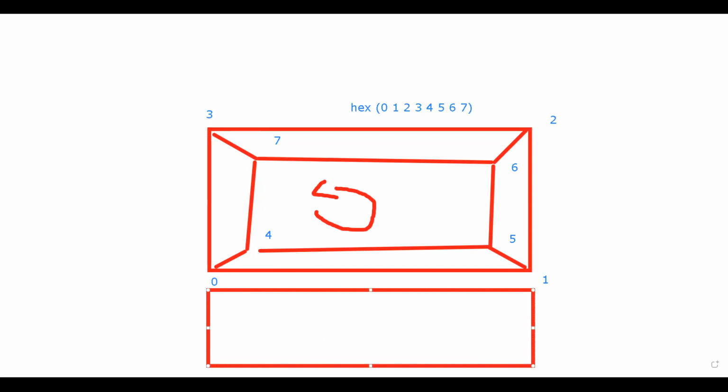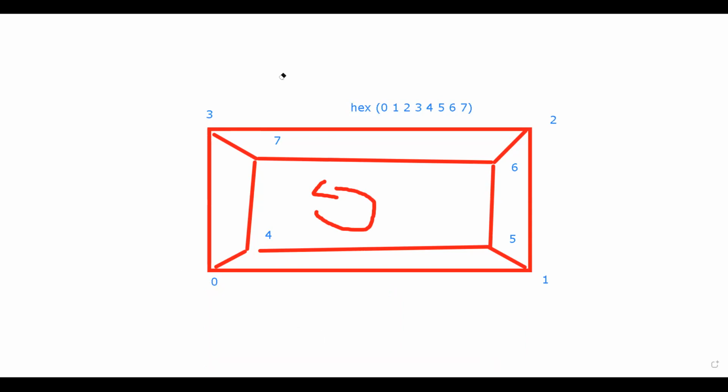Let me move this whole block and represent it in the form of lines so that you can easily understand. This is the first one, the second one, and this is the third one.